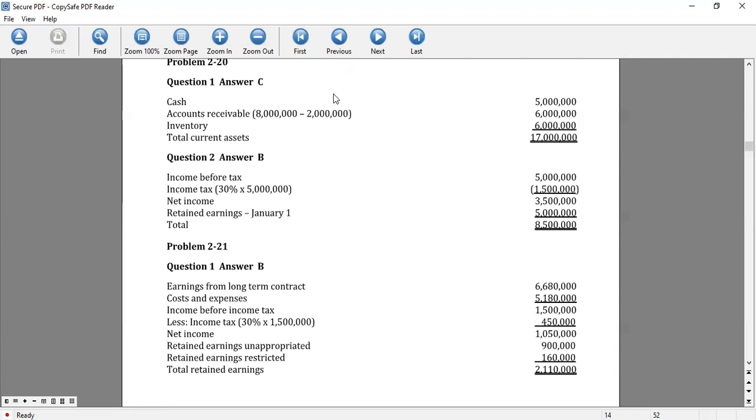1. On December 31, 2020, what total amount should be reported as current assets? And what amount should be reported as total retained earnings? In 2020, we are given the trial balance on December 31, 2020, which had been adjusted except for income tax expense.